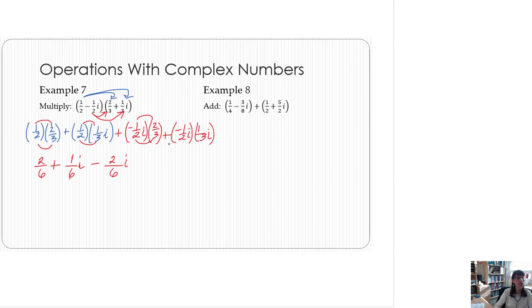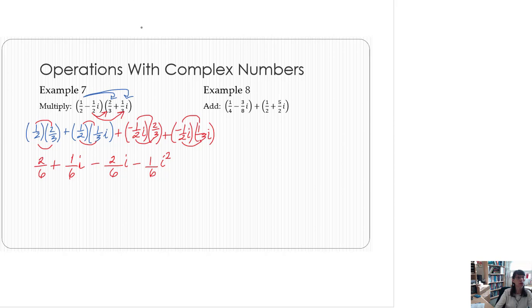Our last term, we have addition of a negative times a positive. So addition of a negative number will be subtraction. Numerators, 1 times 1 makes 1. Denominator of 2 times 3 makes 6. But do you notice now that both terms involve a complex number? i multiplied by i would make i squared.